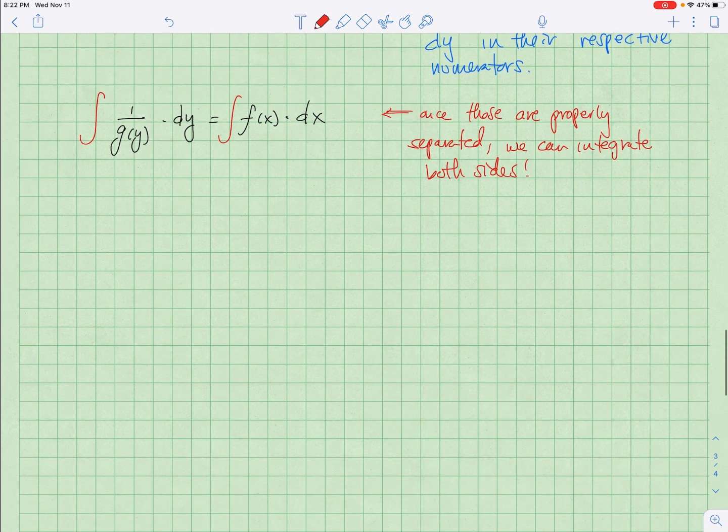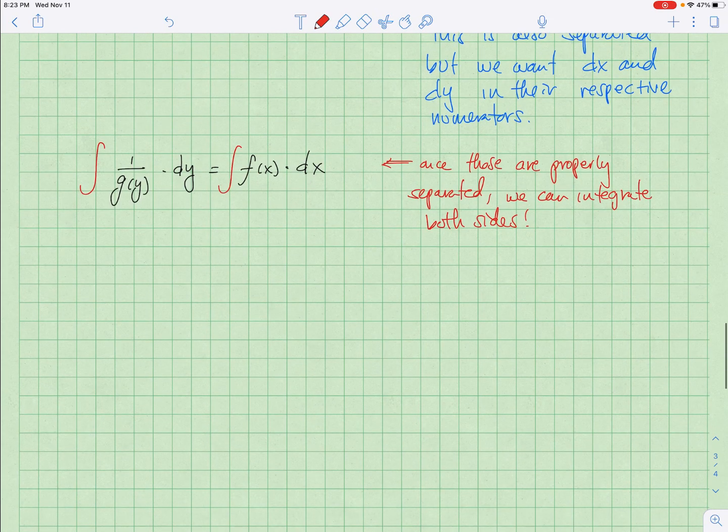Now, whether or not you know how to integrate both sides remains to be seen, and you're going to have to draw on your extensive knowledge of Calculus 2 over the past 8 weeks, right? But these should be simple things that you can integrate. It shouldn't be too crazy.